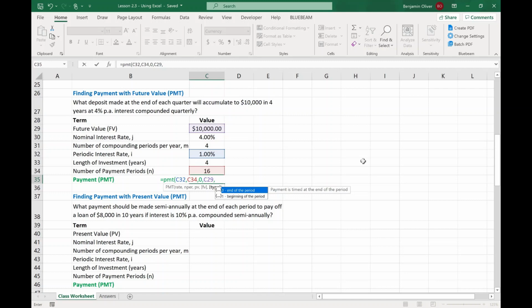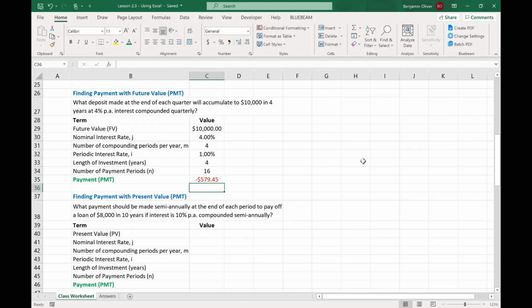And then once again, it's going to ask you if payments are at the end or the beginning. Unless it's an annuity due, it's the end of the period. So we'll type in 0, end bracket, and we're done. Notice that the answer is negative. Once again, remember, it thinks of a payment as an outflow of cash.